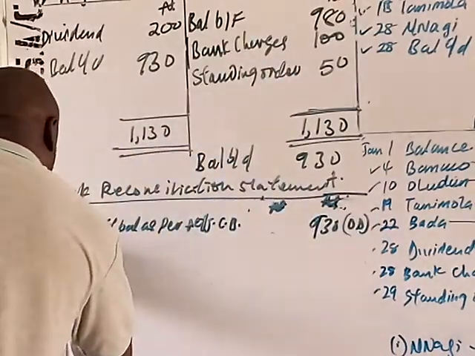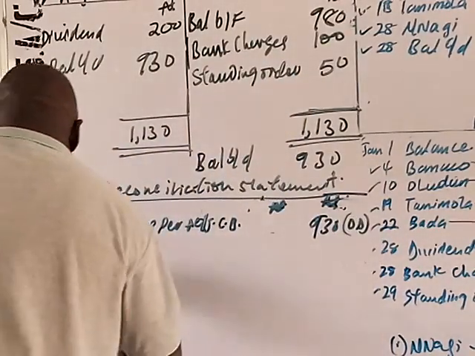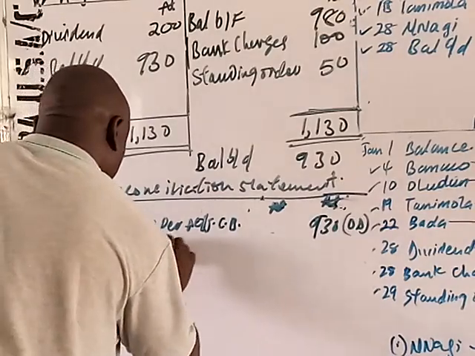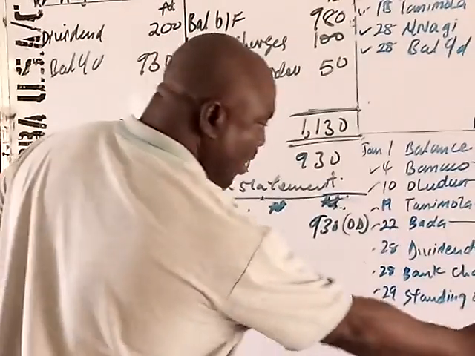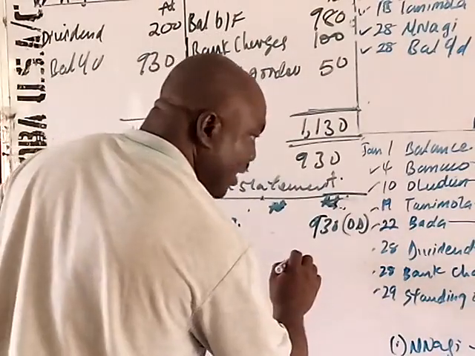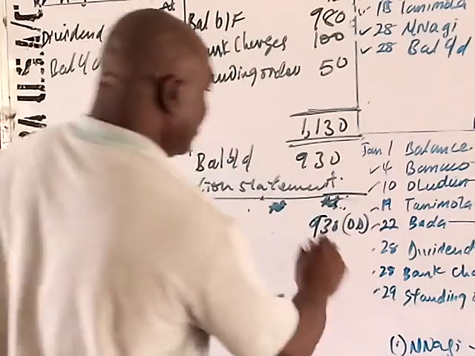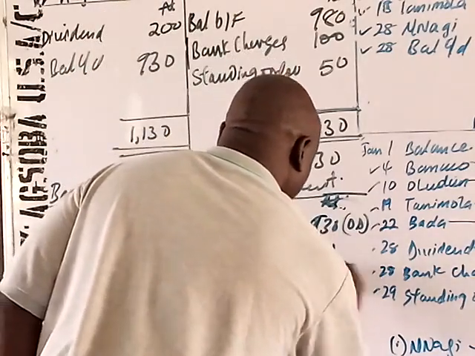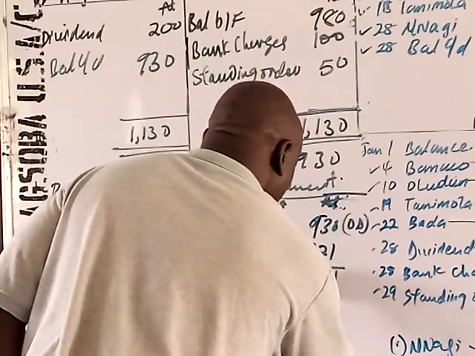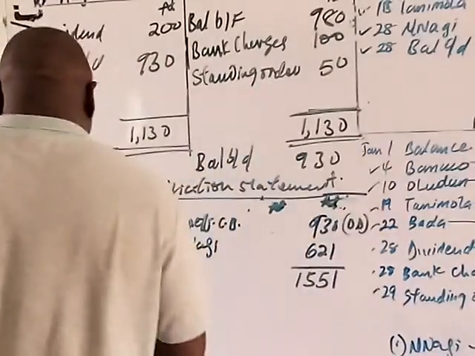Then you have your uncredited check. Our uncredited check is 621, then you have 1, you have 5, then you have 15. 4, 5, 5, 1.